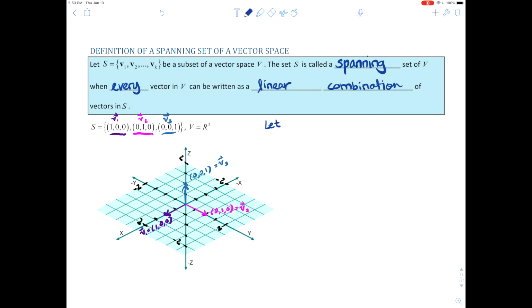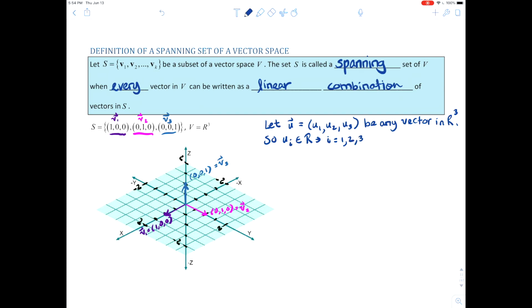So let's check it out. Let U equal U1, U2, and U3 be any vector in R3. So that would just mean what? That U belongs to the set of real numbers such that U equals U1, U2, and U3.